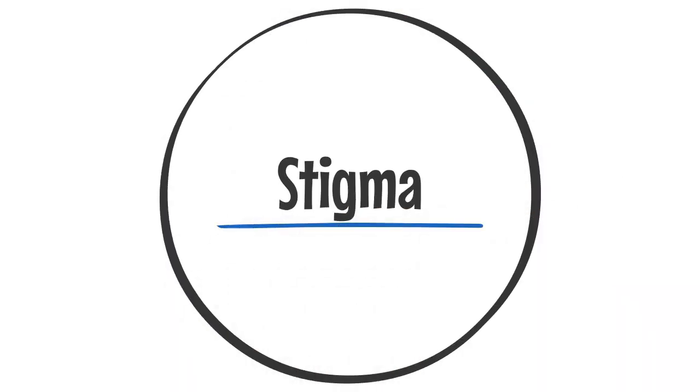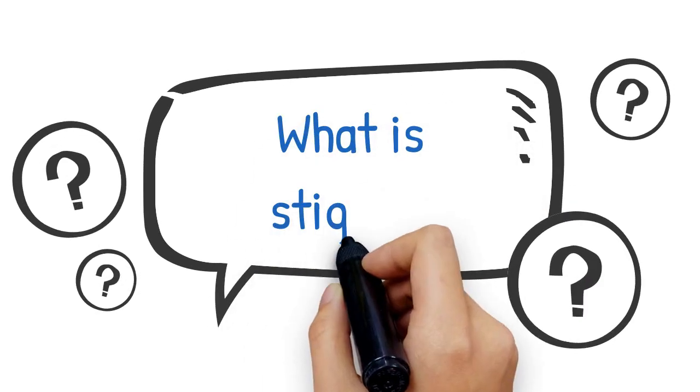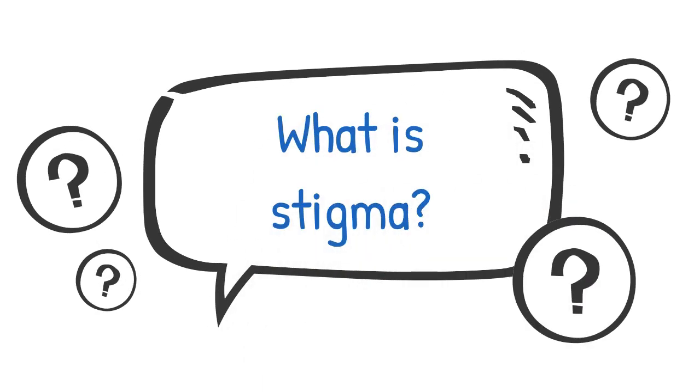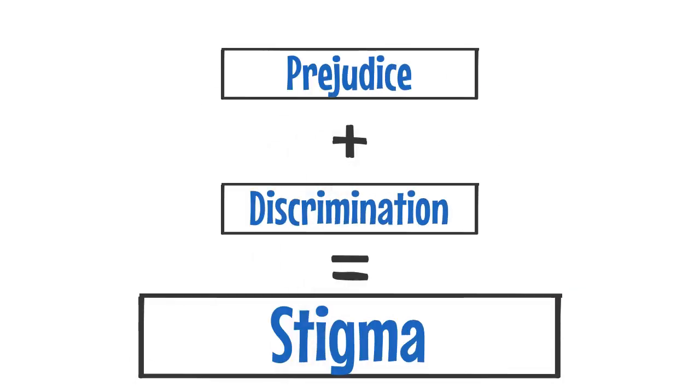Stigma. We should first understand what stigma is. Stigma is the combination of prejudice and discrimination. It is negative attitudes and negative responses that can make someone feel unwanted and shamed or stigmatized.